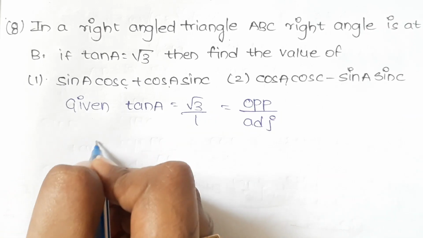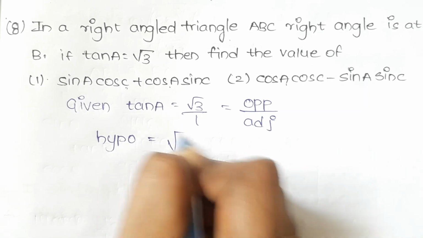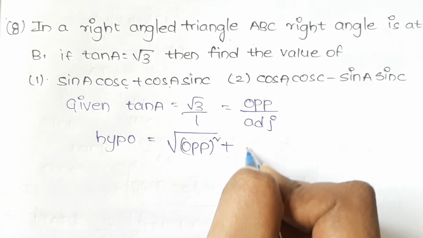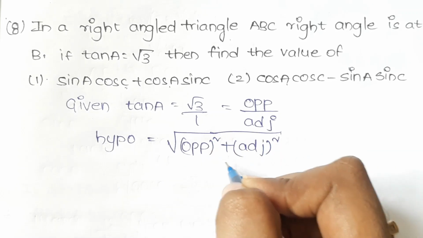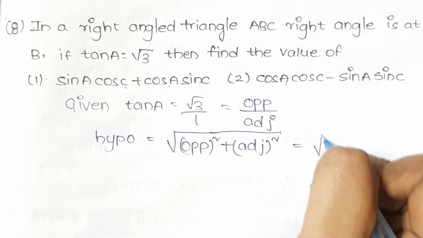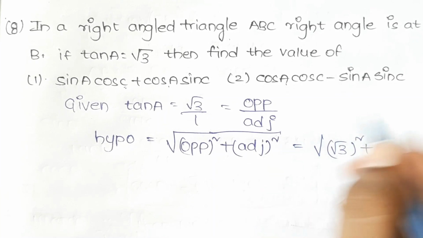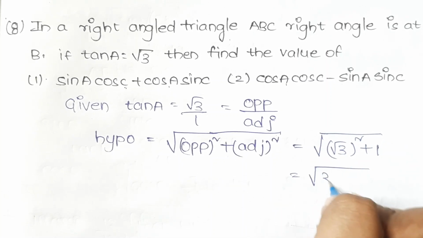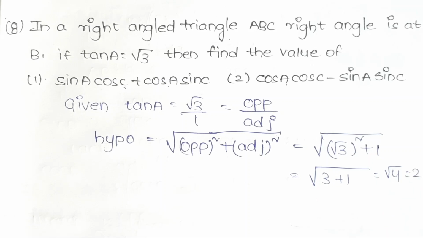And now let us find the hypotenuse, that is opposite square plus adjacent square. This is from Pythagoras theorem. Opposite is nothing but root 3 whole square plus adjacent is 1, that is 3 plus 1 equals root 4, and the value is 2 here.